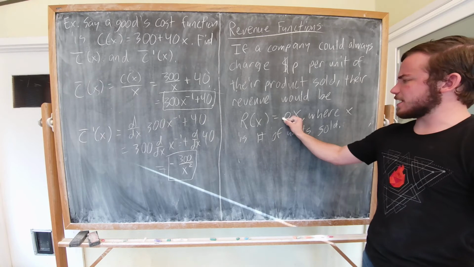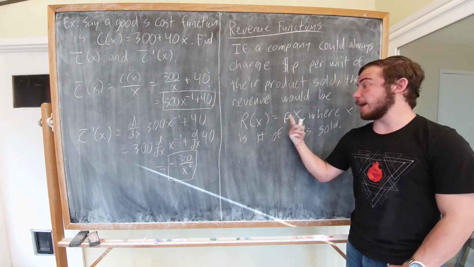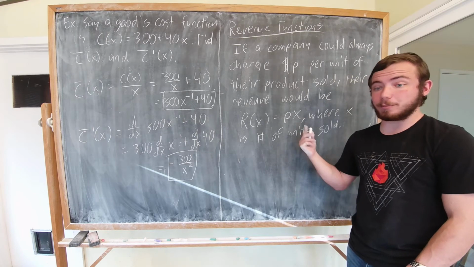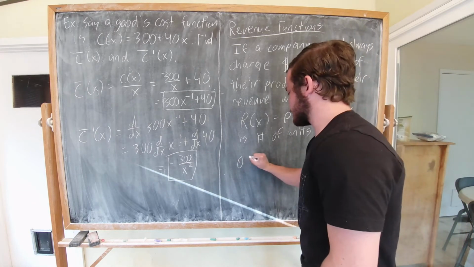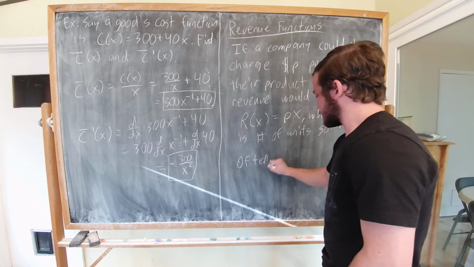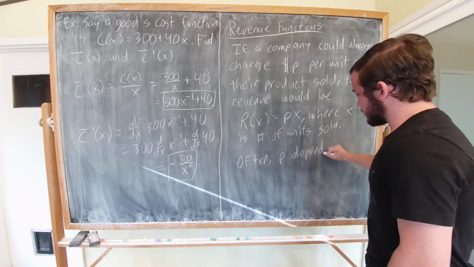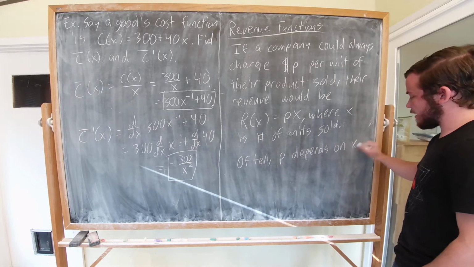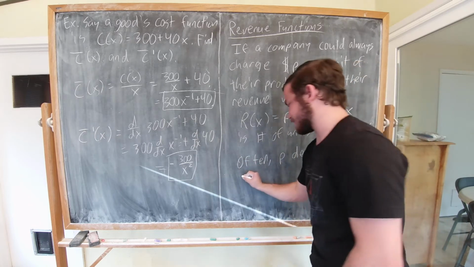If price is affected by supply and demand, it's affected by the amount of stuff we've sold, because that's the amount of our products in the market. So often p depends on x. That is, p is equal to some function of x.